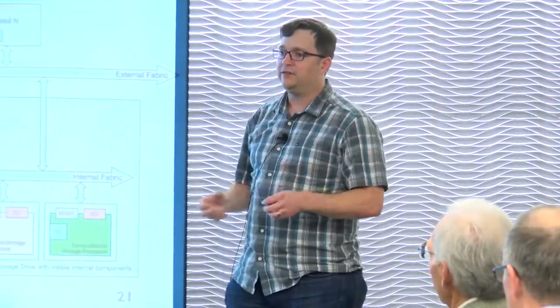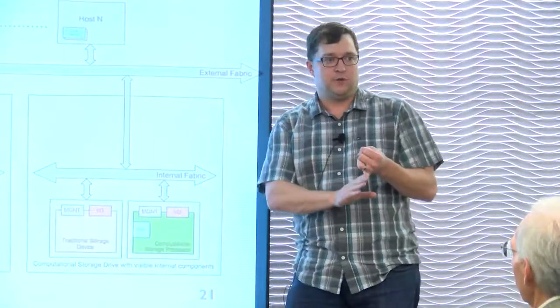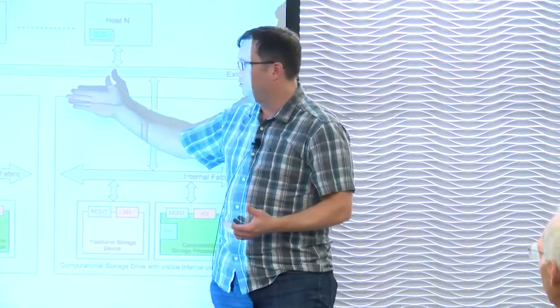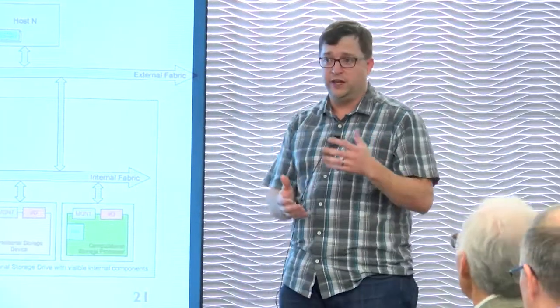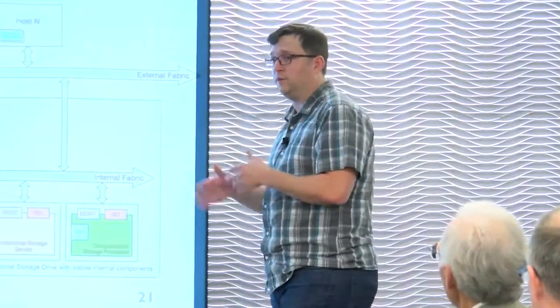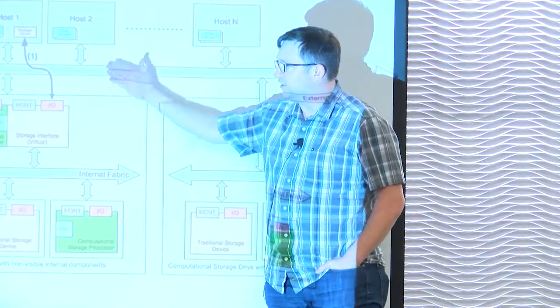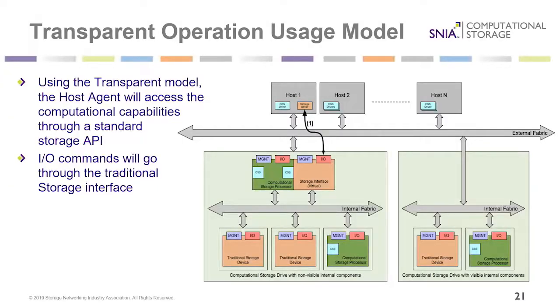So during the configuration phase, I have set up my drive so that I'm going to do, let's say, compression and then encryption. When I do any I/O transaction, it's going to know that I'm needing to do compression and encryption. It's going to do that on a per command basis. So there's nothing that has to be done specifically or explicitly to get that transaction to go through, other than the standard I/O reads and writes, specifically on the writes.